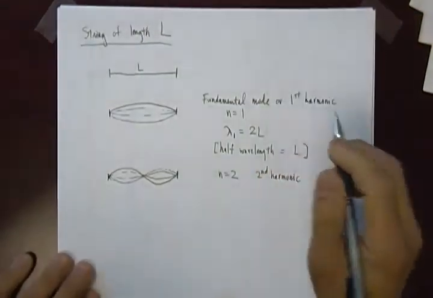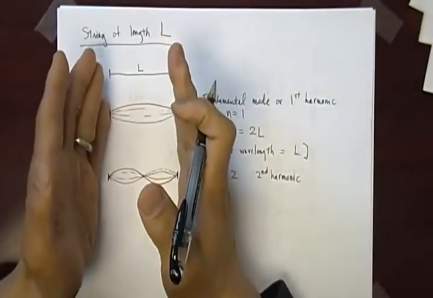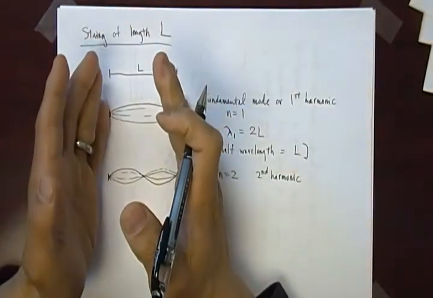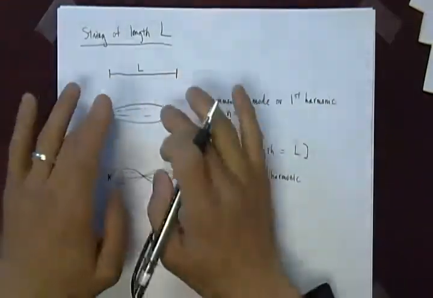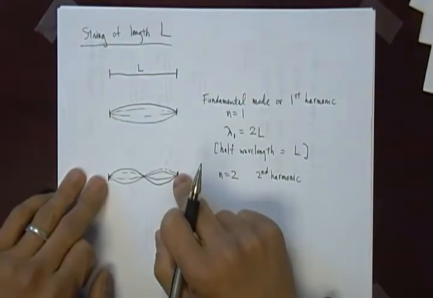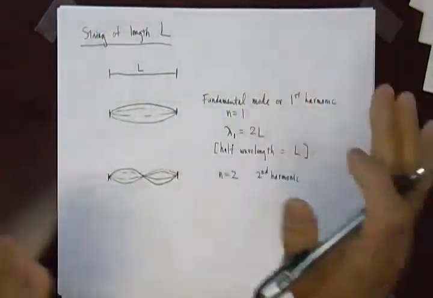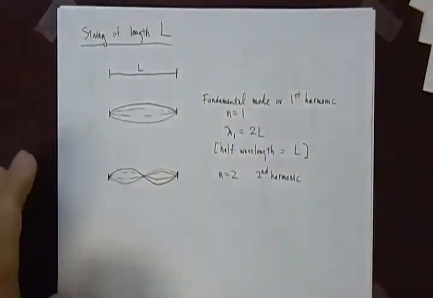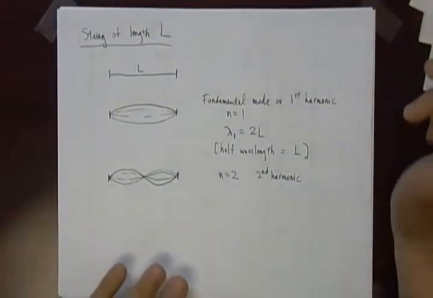For those of you who are musicians, if you were to hear this string, it would have the lowest pitch that would correspond with the lowest frequency. We'll talk about frequency in a second. And this guy will actually have twice its frequency. It would sound an octave higher. You don't need to know that, but for those of you who do some music, that's what will happen here.